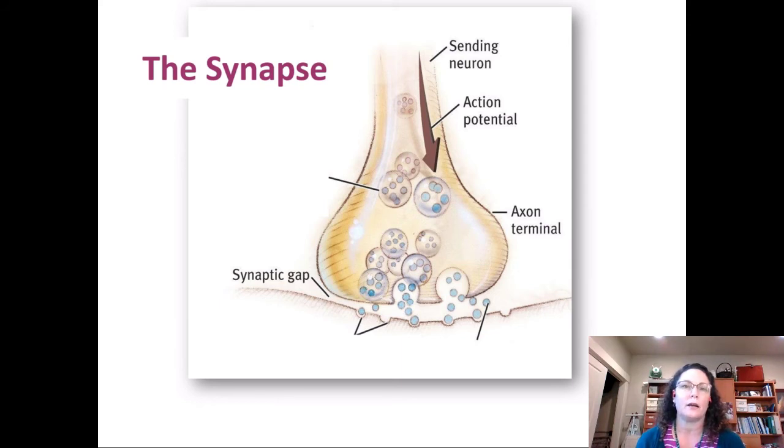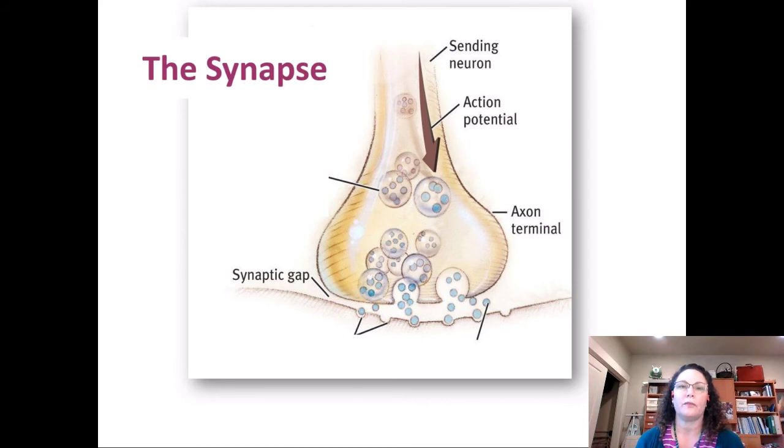But we can't count on electricity to communicate between cells because our cells have little synapses between them. So in this picture, what you're seeing is the terminal button or the terminal fiber of the sending cell. That's the bulgy thing. And then the flat thing on the bottom that's sort of curvy, that is the receiving cell. There's a little gap, and we need to cross it.